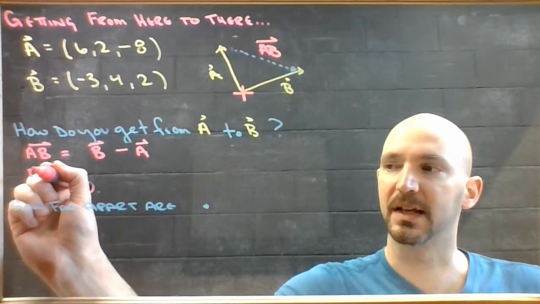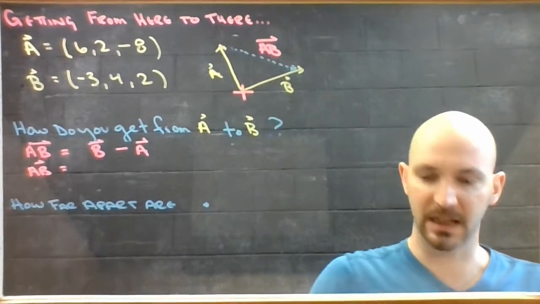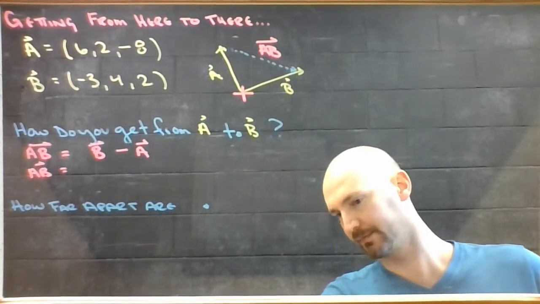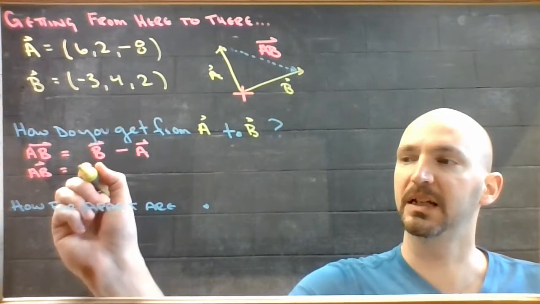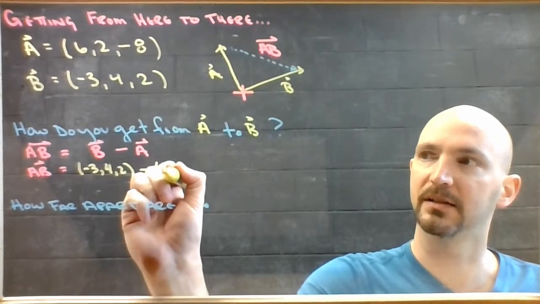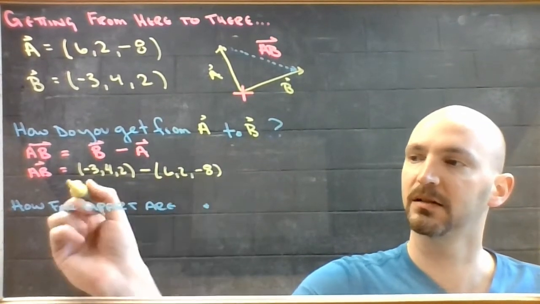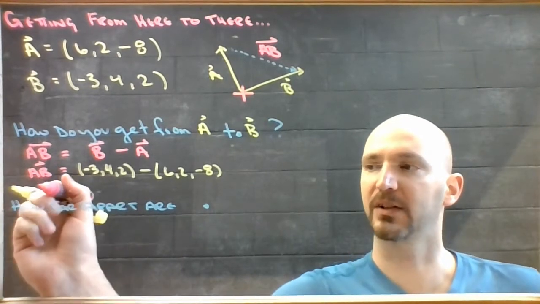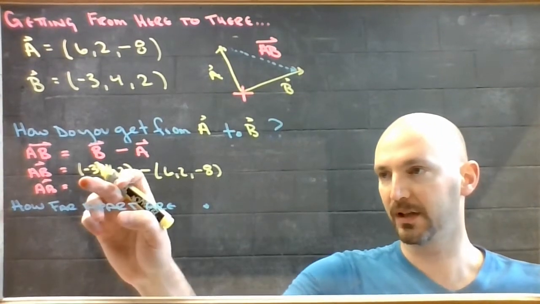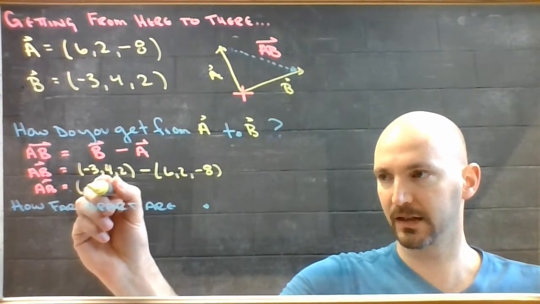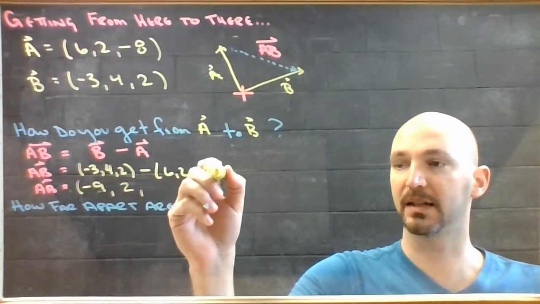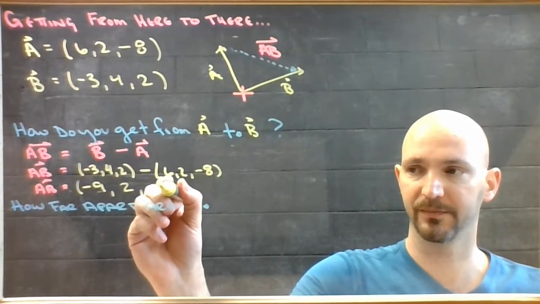So in this particular example, A to B would be the coordinates of B, -3, 4, 2, minus the coordinates of A, 6, 2, -8. And so the vector connecting A to B would be -3 minus 6 is -9. 4 minus 2 is 2. 2 minus -8 would be 10. There you go.